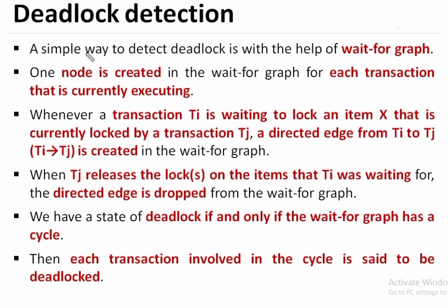Now, how to detect a deadlock? A simple way to detect a deadlock is with the help of the wait-for graph method. One node is created in the wait-for graph for each transaction that is currently executing.